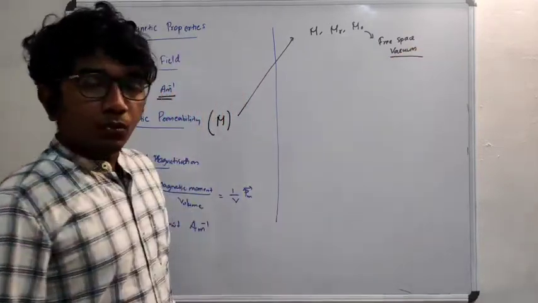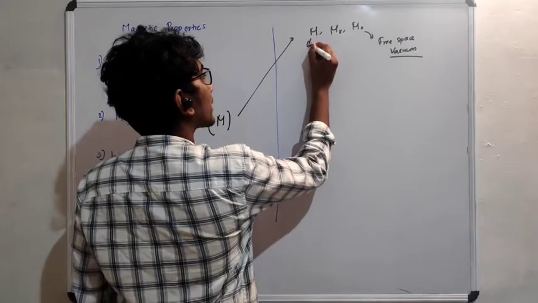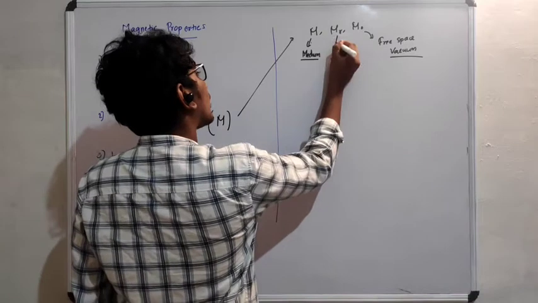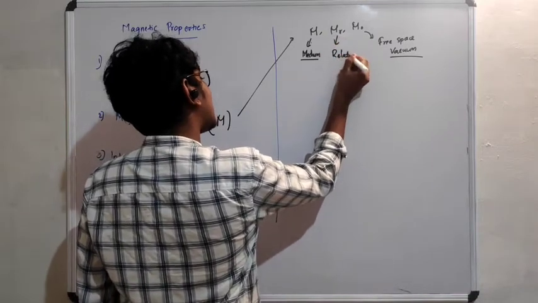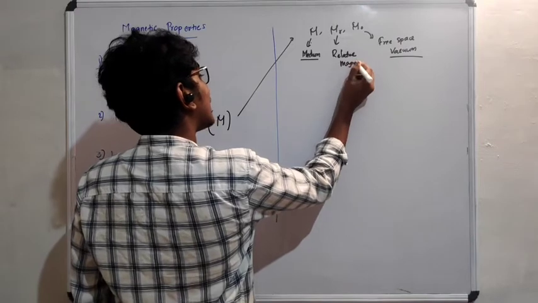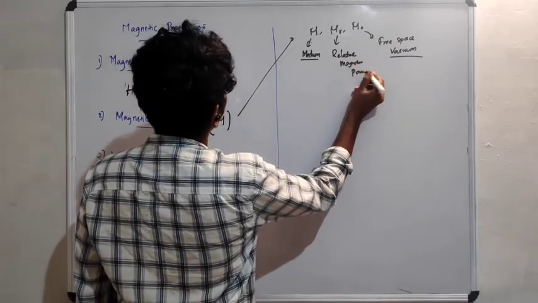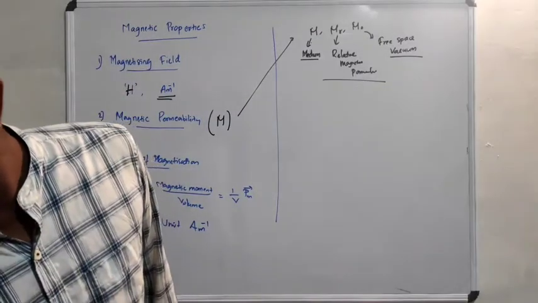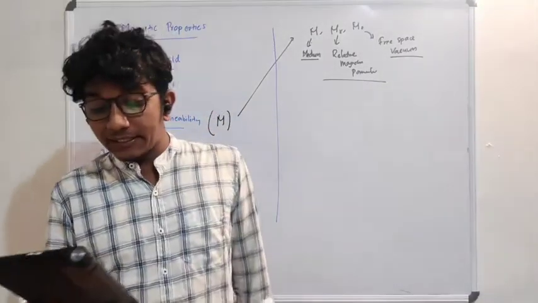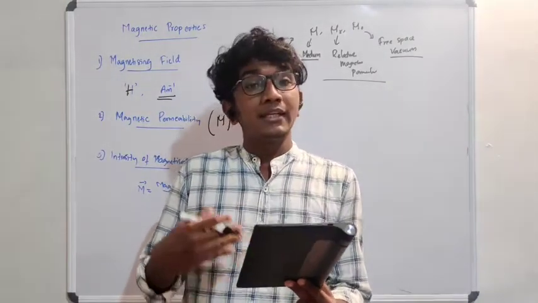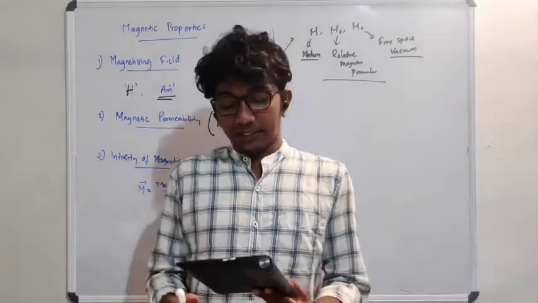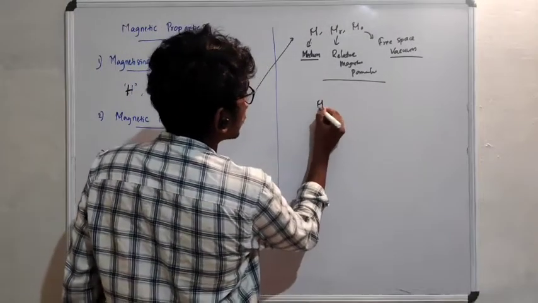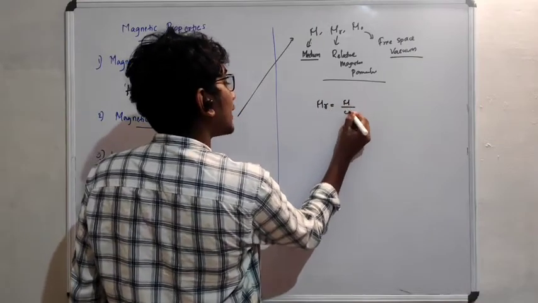Mu is the magnetic permeability of a medium. And mu r is the relative magnetic permeability. The relative permeability, mu r, is defined as the ratio between mu and mu 0. So mu r is equal to mu divided by mu 0.